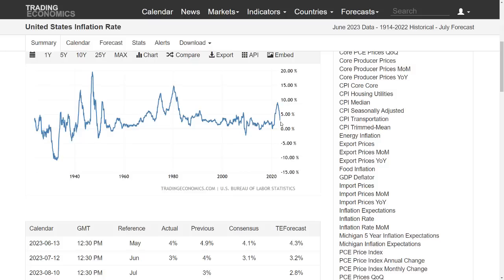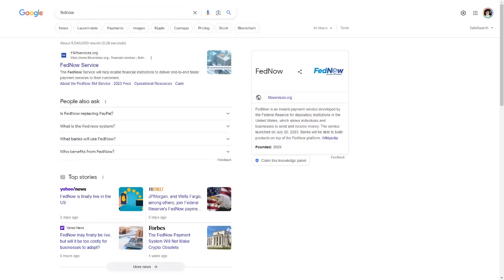Why do you think the FedNow was introduced? July 2020, the FedNow is being introduced. Why? Because you can have instantaneous transactions from banks.